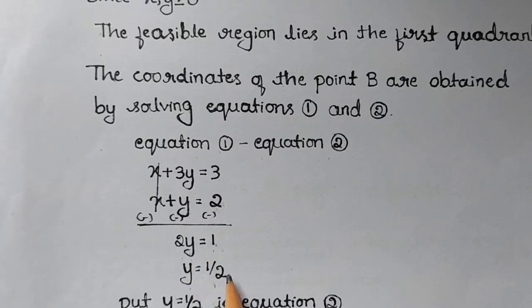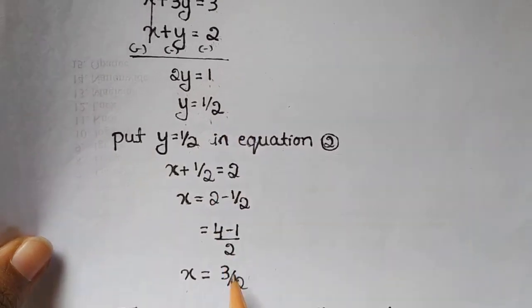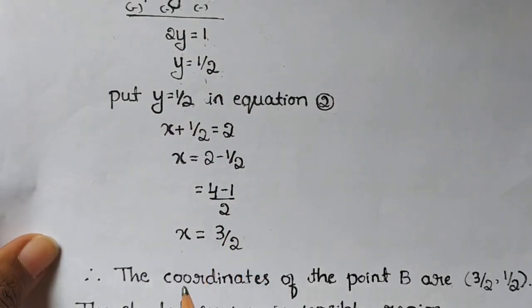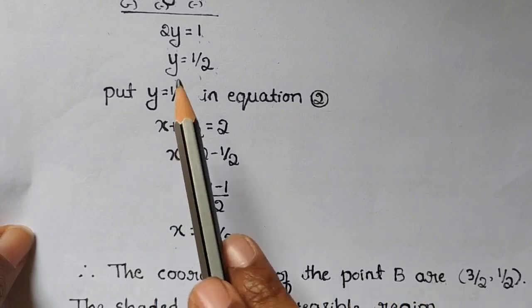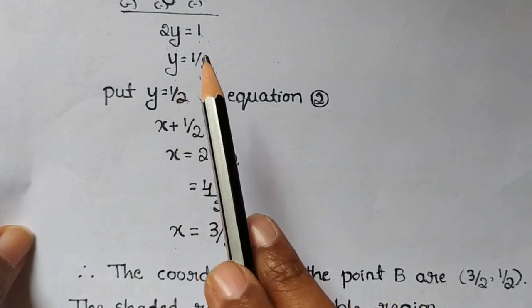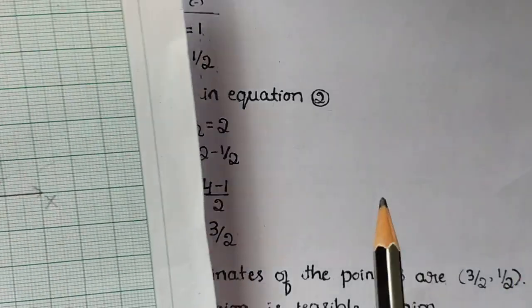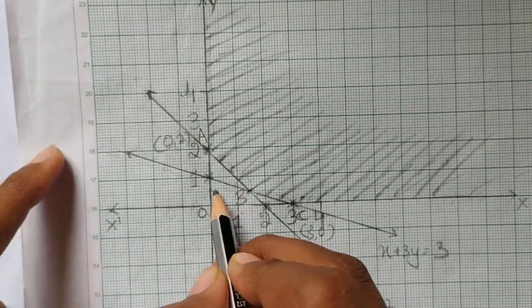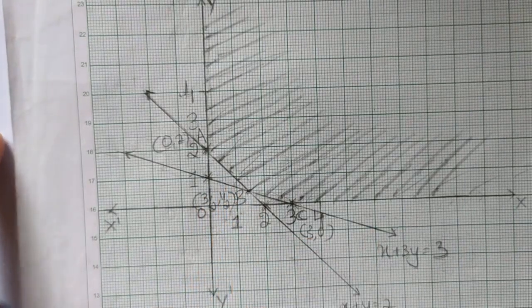Now substitute y = 1/2 in equation 2, and on solving we get x = 3/2. Therefore, the coordinates of the point B are (x, y) = (3/2, 1/2). I'll write the coordinates of this point in the graph: (3/2, 1/2).